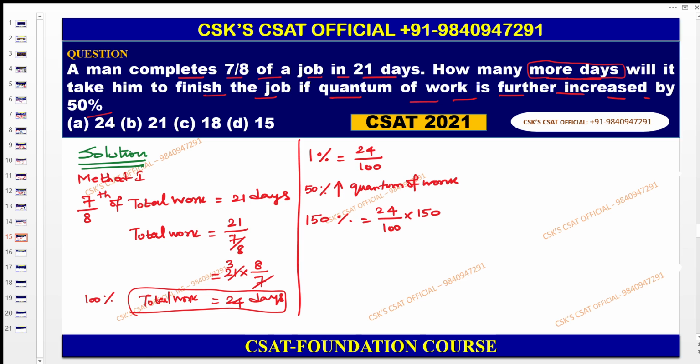Cancel. So 0 0 cancel here. Then 5 table you can cancel here. 3 times 2 you can cancel here. Therefore 12. So therefore 150% of the job is completed in 36 days.